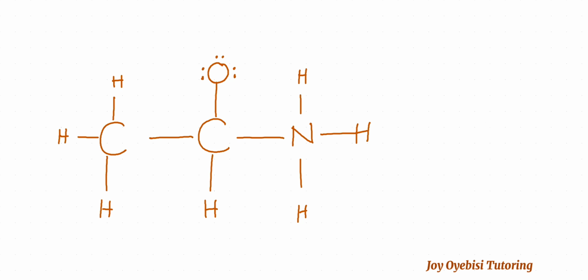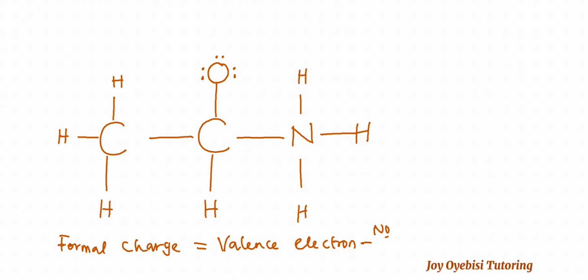Okay, so the formula for formal charge would be formal charge equals valence electrons minus the number of bonds minus non-bonding electrons.